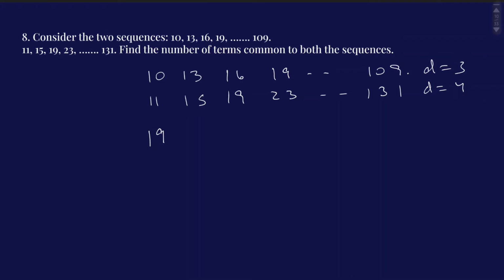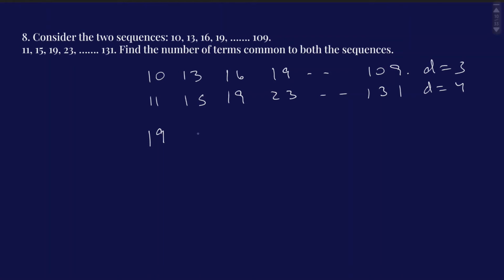So the common difference is going to be the LCM of the common differences of both the series, because see, if we were to continue, the first series will increase by the difference of 3, so at some point this term might also increase by the difference of 12. And similarly the second series is going to increase by the difference of 4, so at some point it is also going to increase by the difference of 12. So that's why we take the LCM of both the series.